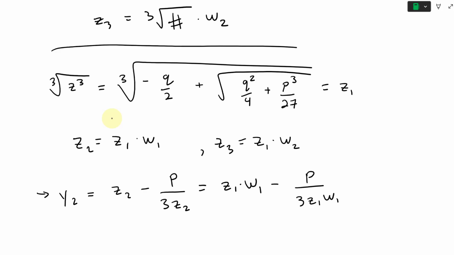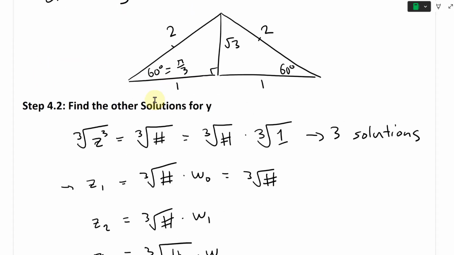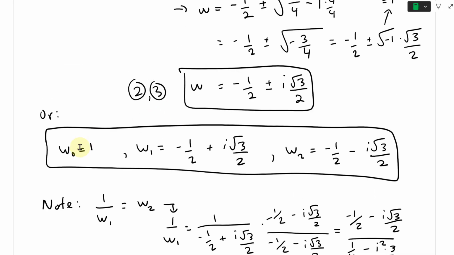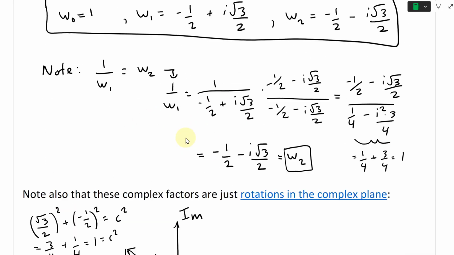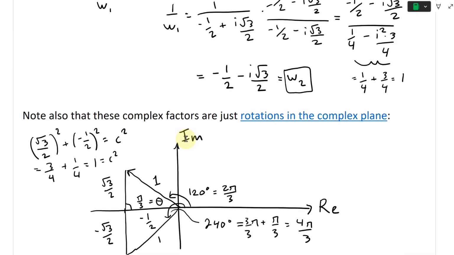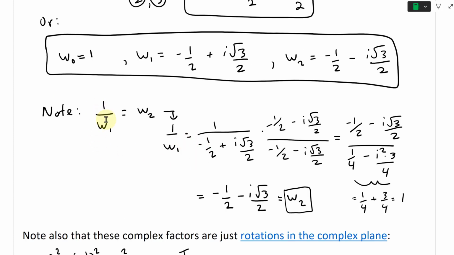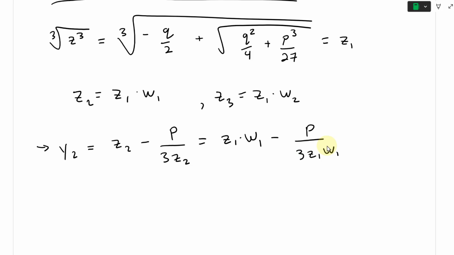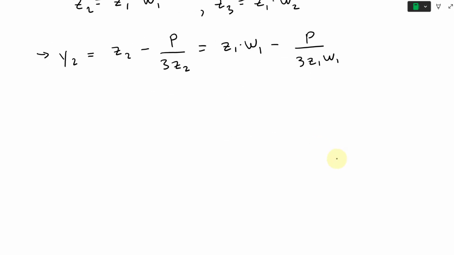Z1 W1. And we also know that we solved earlier that 1 over W1, this number right here, is equal to W2. So in our case we have the Z1 W1, now divided by 1 over W1, so this becomes W2.